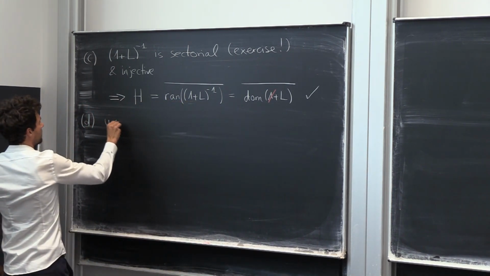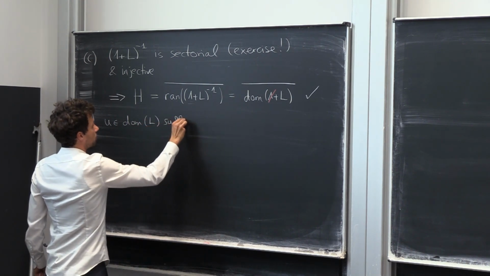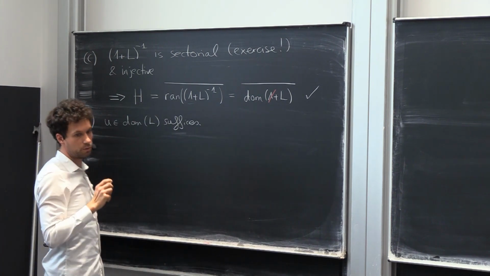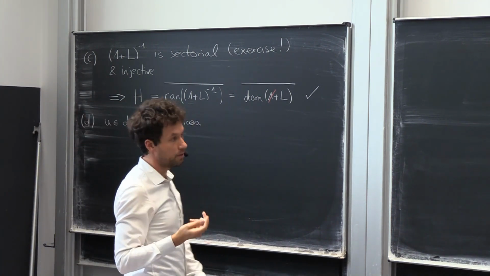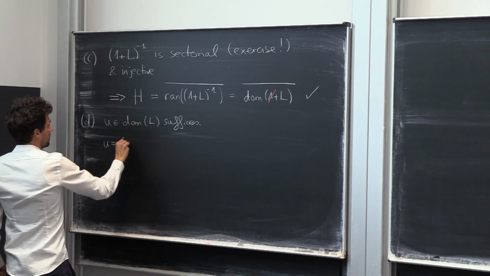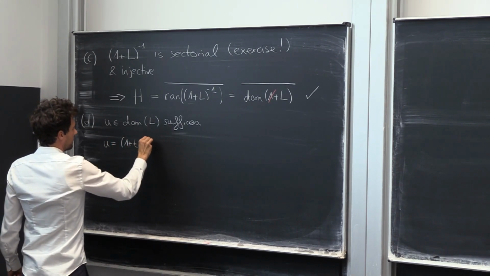So U in the domain of L would be enough to prove statement 4. Okay, and now what do I do if U is in the domain of L? Well, I'm doing the good old trick once again.